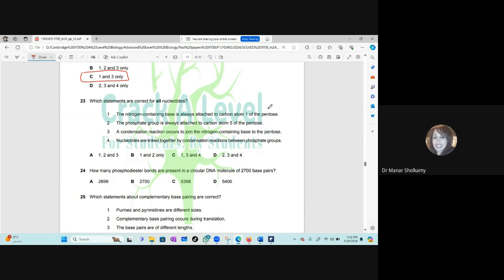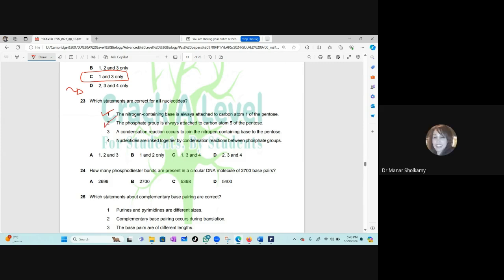Now, this question wants you to remember the structure of the deoxyribose. One is correct. Two, the phosphate group is always attached to carbon number 5. Yes, correct.